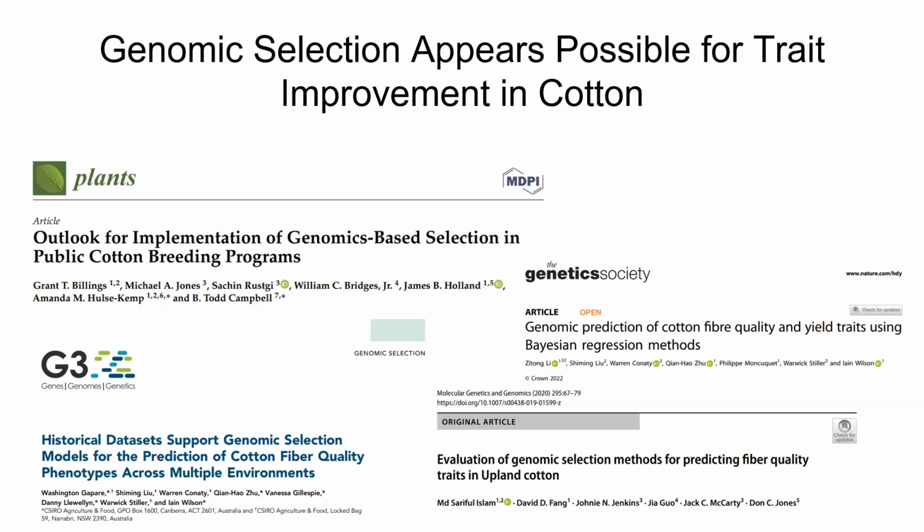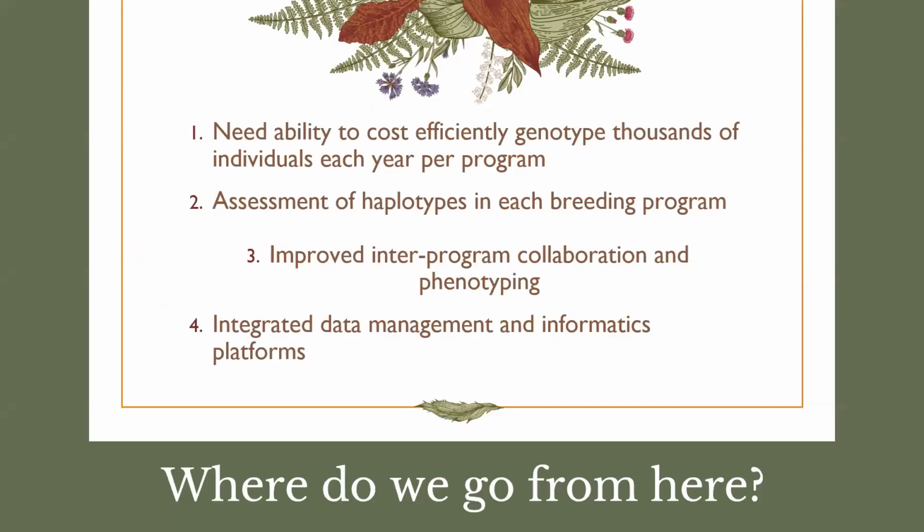And then we also have publications from CSIRO as well as USDA looking at the ability to use genomic selection. So for us as cotton researchers, we're really interested in where do we go from here and what can we do with interdisciplinary groups to move this ability forward to being able to use genomic selection.